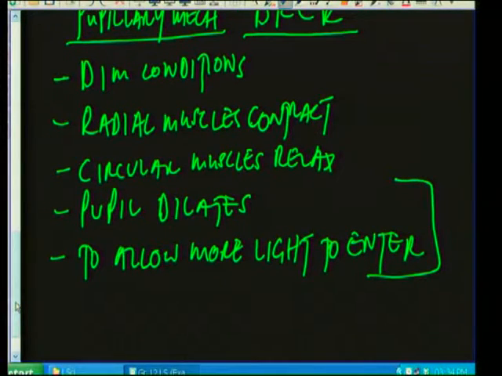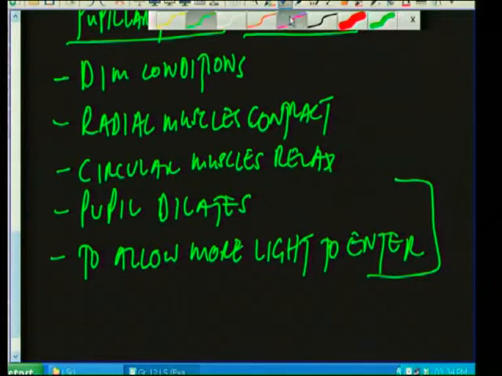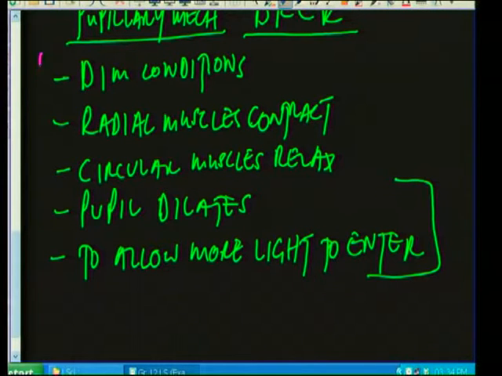So all you've got to do is change one word. And which words are they? I'll show you now. For example, if we had to do this one, dim conditions will become bright. Radial muscles contract would become relax. Circular muscles relax will become contract. Look at it, we're only changing one word.